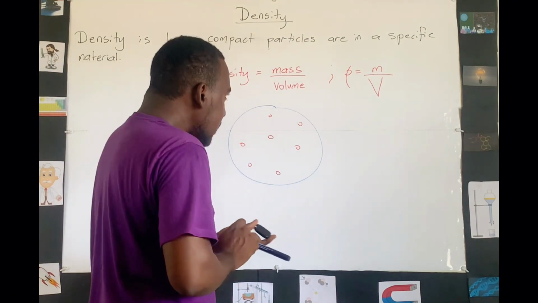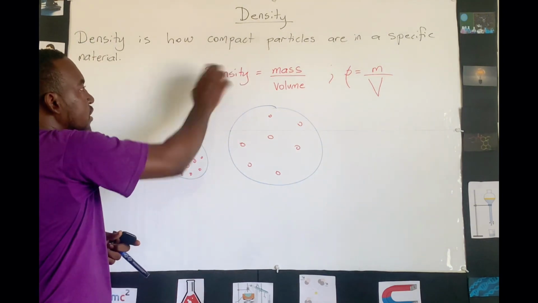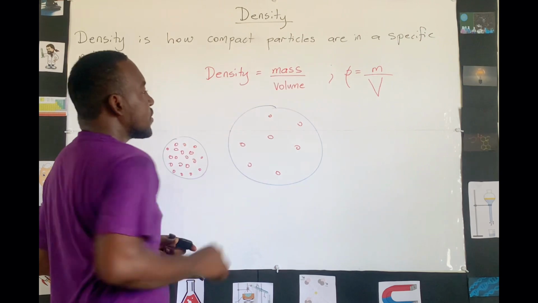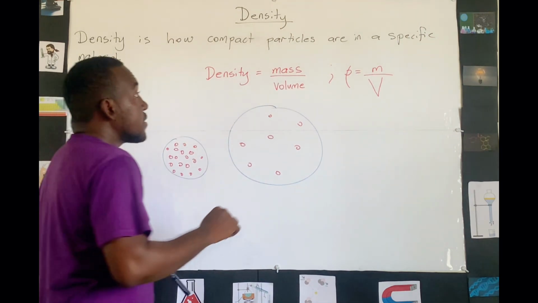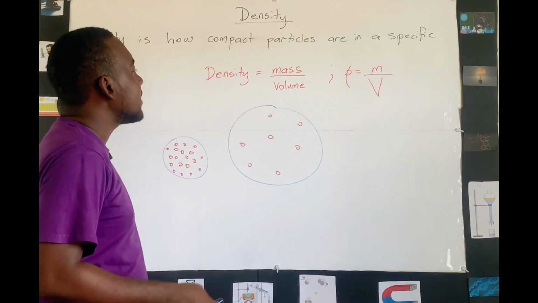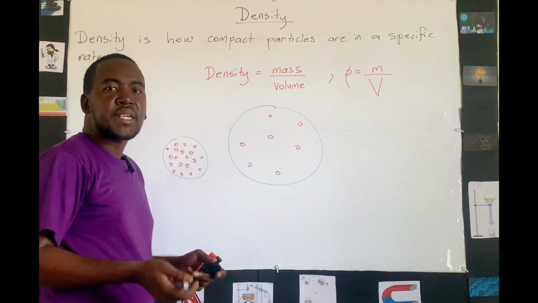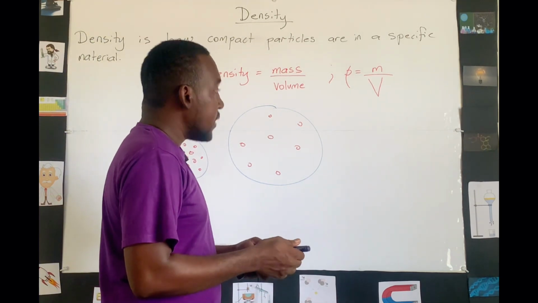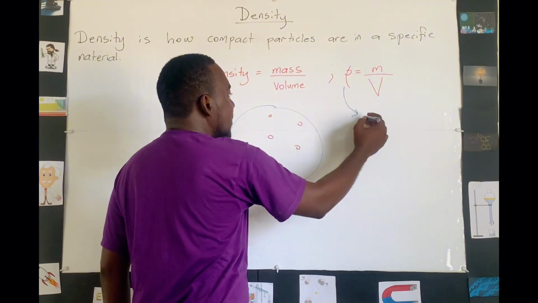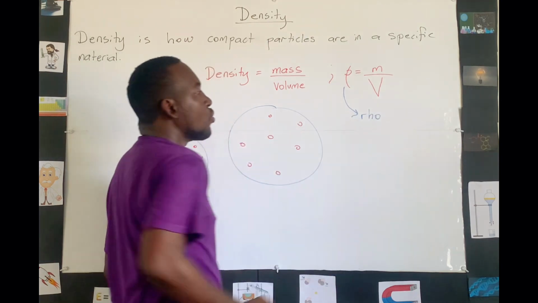So density in calculation would be the mass of the object divided by its volume, right? And in symbol form, because in physics we will use symbols instead of words when we're doing our calculations. In this case, this symbol, it's not a P, it's a Greek symbol, and it's called rho.